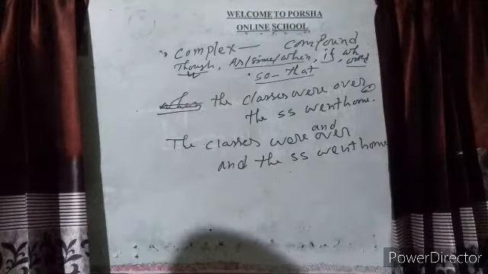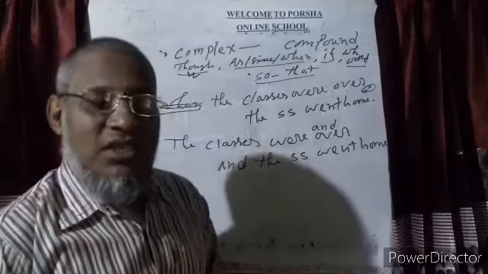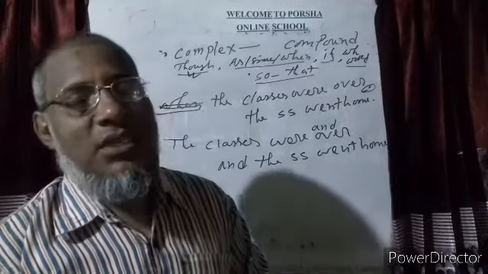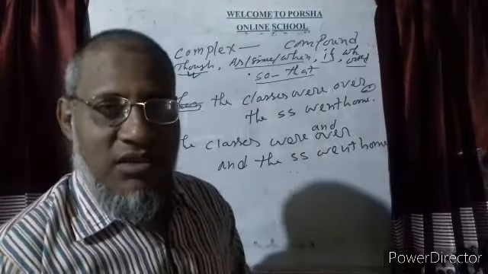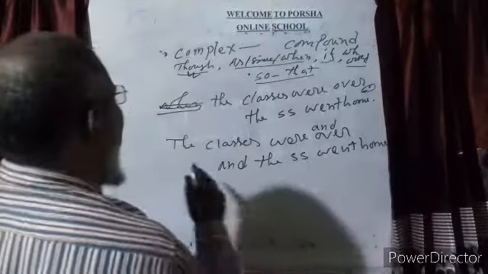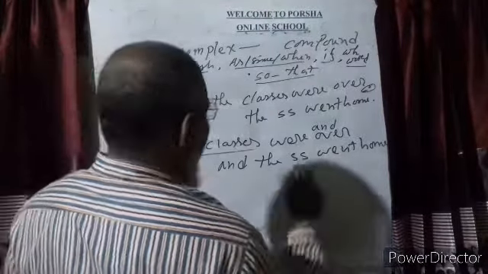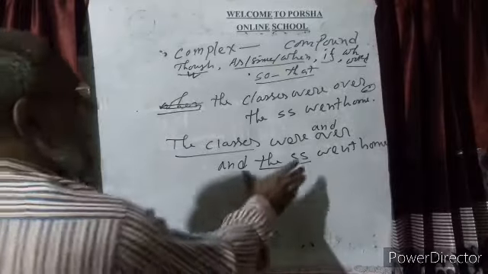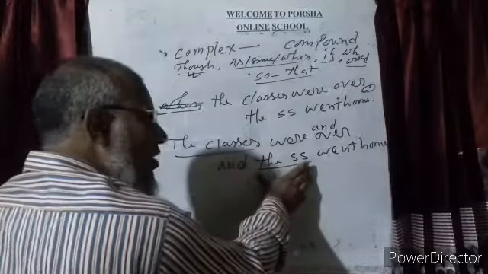And we have to say in a compound sentence, if the subject or verb is similar in both parts, the second subject and verb will be omitted. Now check, here the subject is the classes and here the subject is the students. The subject is dissimilar. So the second part subject will not be omitted.